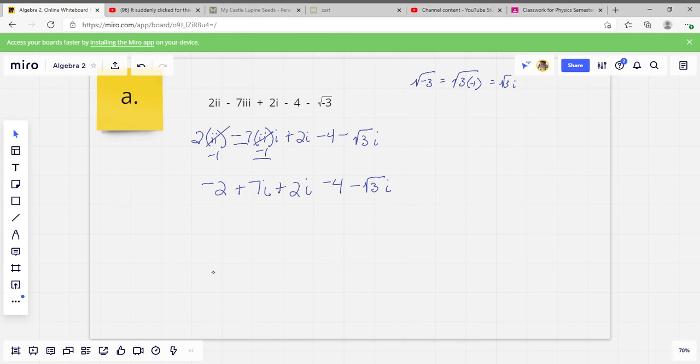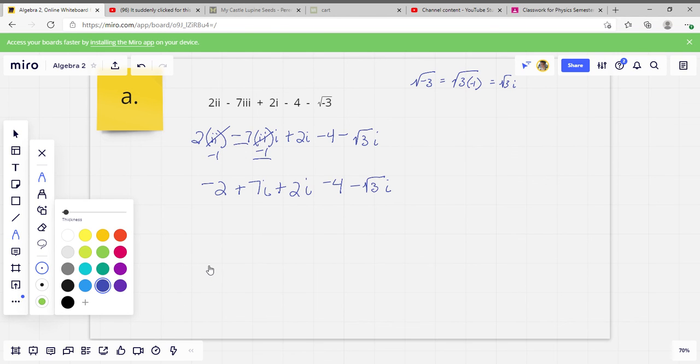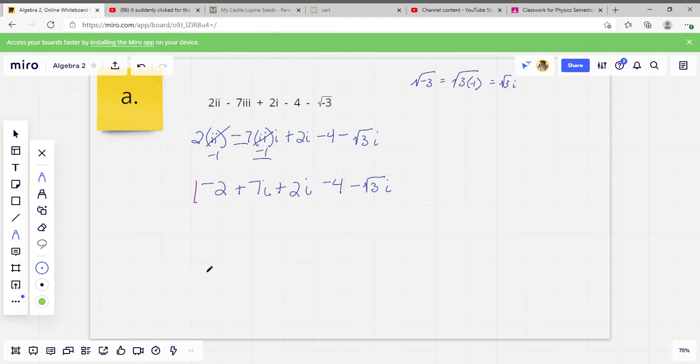All right, so now we are going to put our real part together and then our imaginary part. So our real part is going to be this negative 2 right here. That has an imaginary, this negative 4. Okay, negative 2, negative 4 would be negative 6.